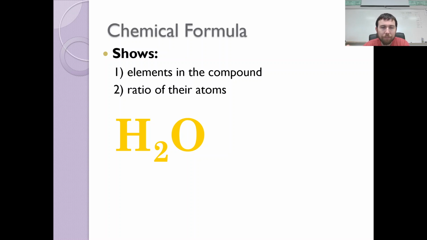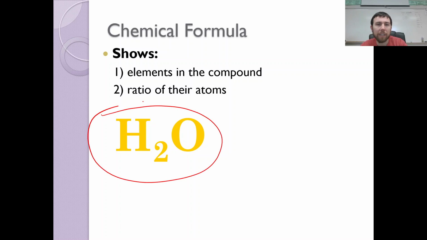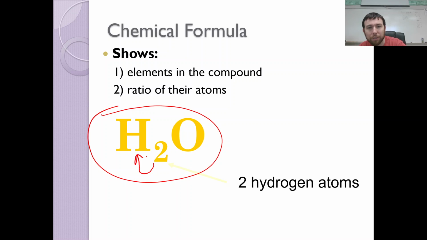Now, we look at something like H2O, something that we're all very familiar with. This is water. We look at H2O and it's telling us something about its ratio. For every 2 hydrogens, there's 1 oxygen. And that little 2 there, that's a subscript, H subscript 2 O. That 2 is going with the H, just to make sure that we're clear here.